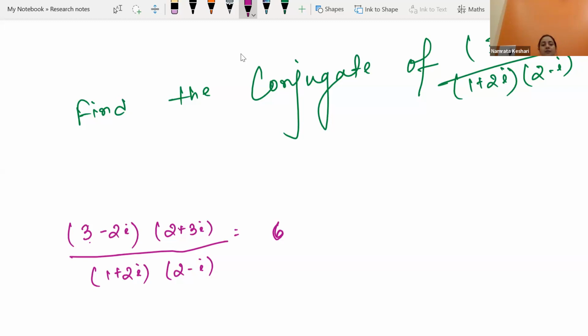Then minus 6, then yes, minus 6i will be there. Then 9i, then minus 6i square.